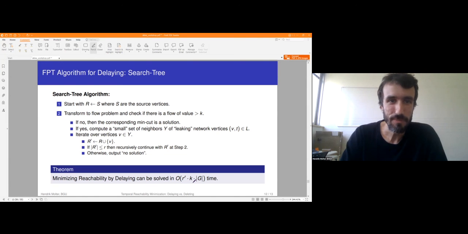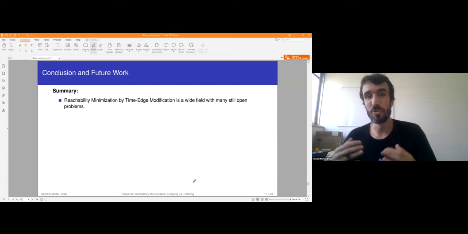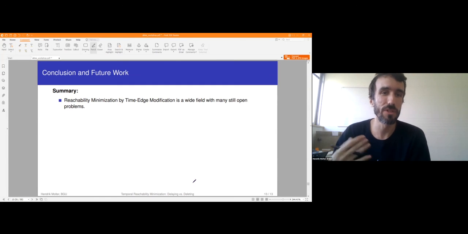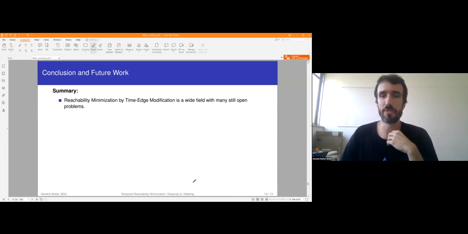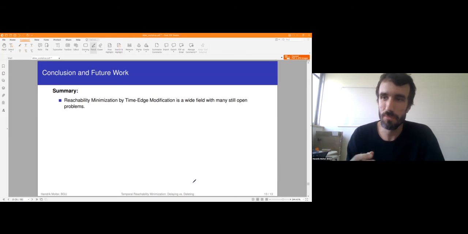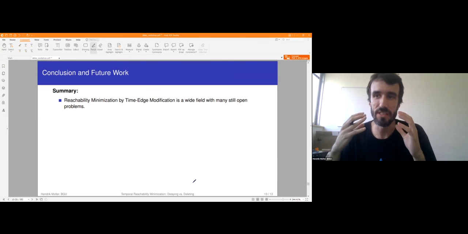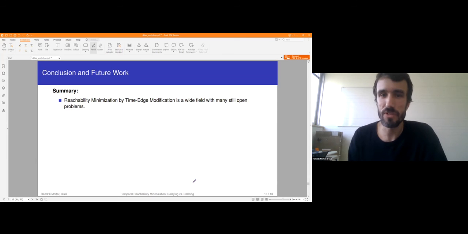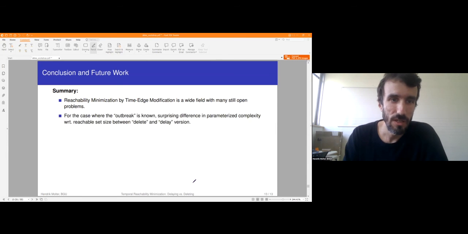All right. So to conclude, what I tried to convey is that reachability minimization by time edge modification is a big playing field. You can think of a lot of different modification operations that are well motivated, and also the way how you exactly measure the reachability gives you some playing ground.